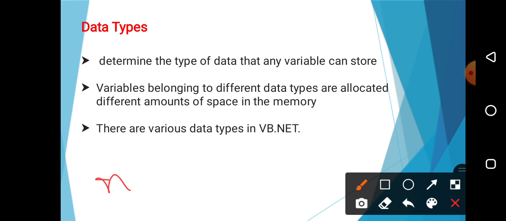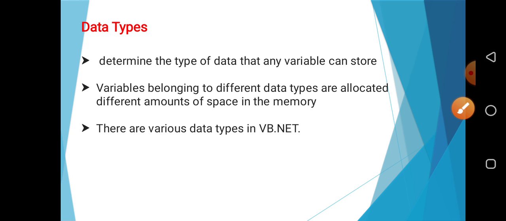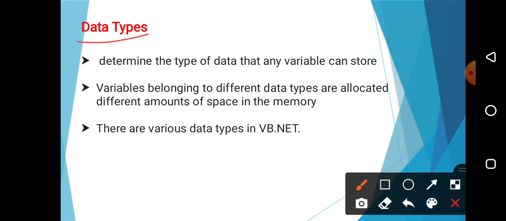Sometimes the data will be a number, sometimes text, sometimes audio, or sometimes video. Or your data may be in an image format. So, as per the user requirement, the data is going to change. Therefore, to represent that data, we require something, and that something is your data type.